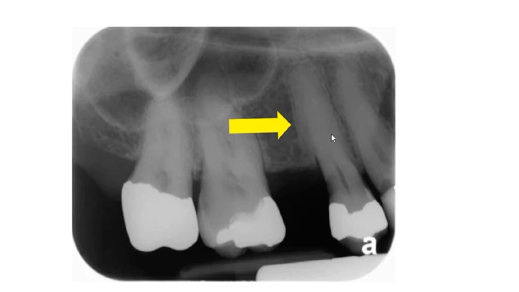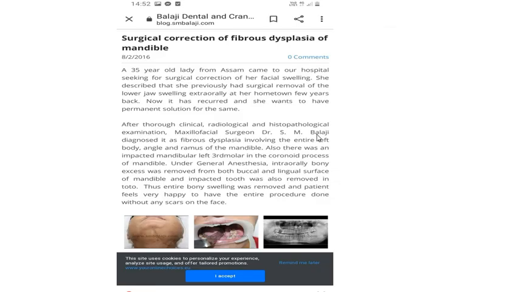So we have to mention that these types of roots are in some ways hard to extract during surgical procedures because of the thickening of the cemental wall inside the alveoli.